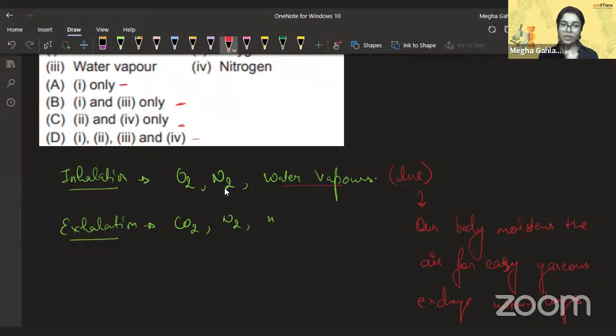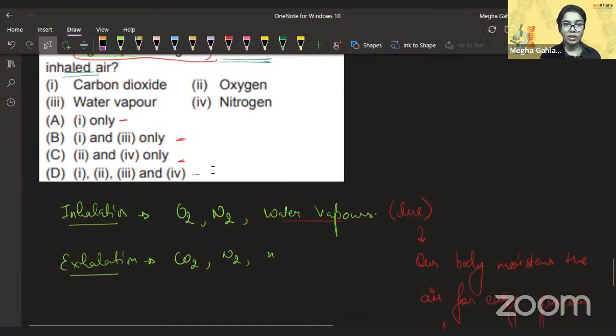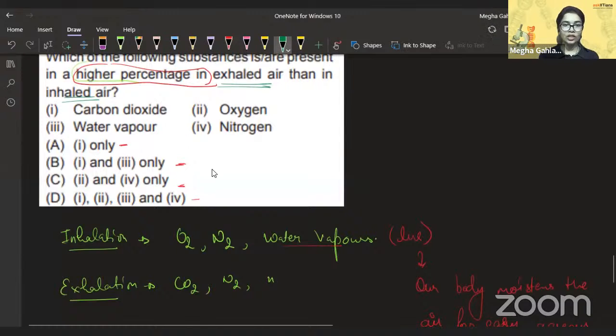So going ahead with that, I guess that water vapors are more in amount during the exhalation as well. Not that I guess, I know it definitely. So carbon dioxide obviously is going to be more and water vapors are obviously going to be more. So that is why we have option B, and that is our correct option.